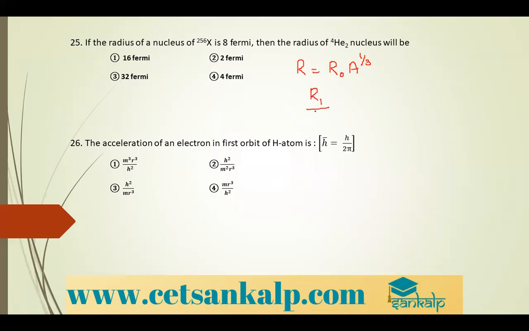So R1 by R2 is equal to A1 to the power 1 by 3 divided by A2 to the power 1 by 3. So it is 256 divided by 4, all to the power 1 by 3.